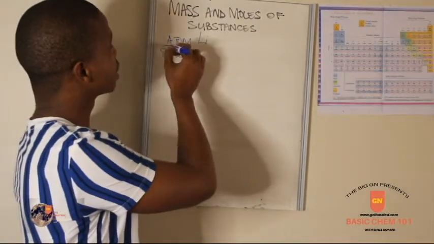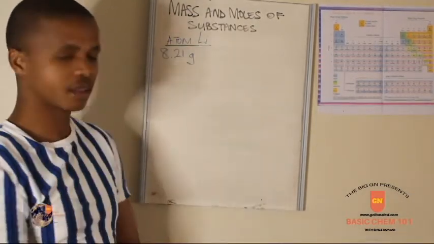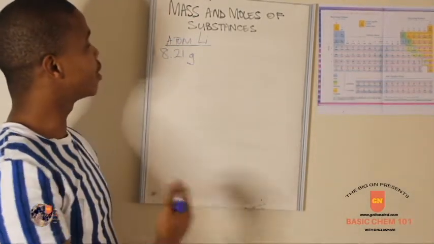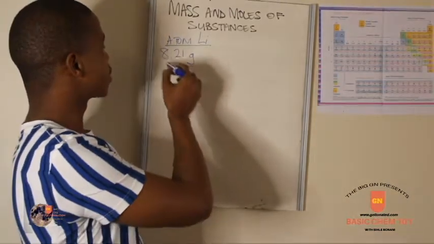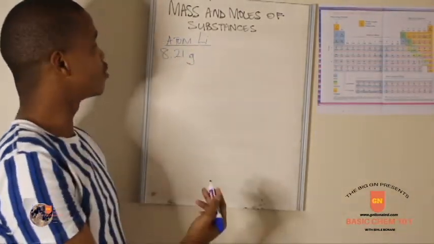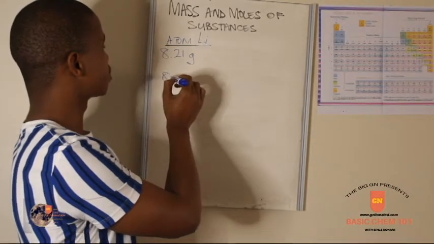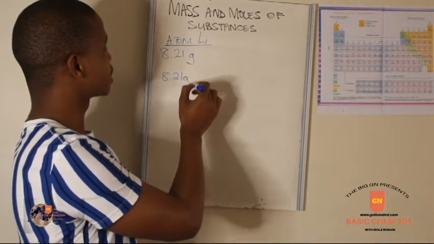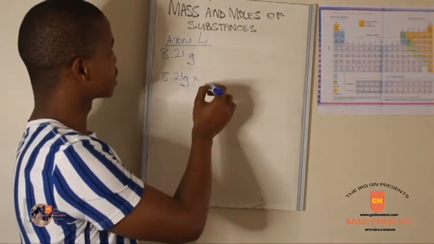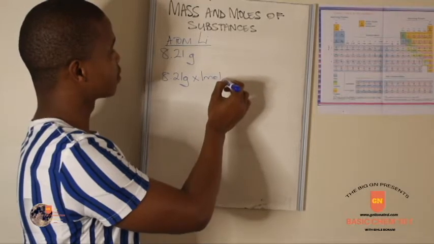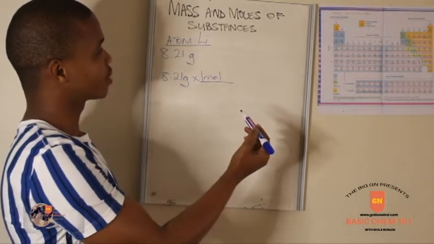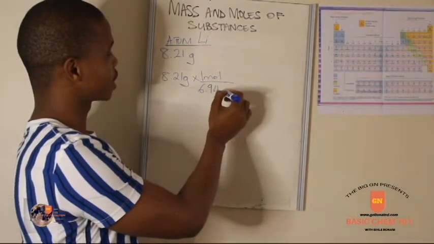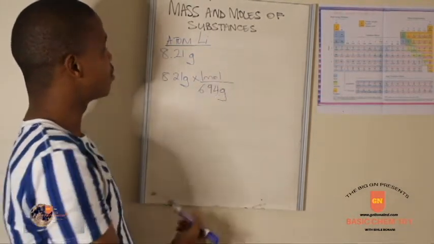How would you calculate the number of lithium atoms from here, knowing what we know? We can convert this to your number of moles first, which is 8.21 grams times 1 mole of lithium over how many grams of lithium? 6.94 grams of lithium. This is your molar mass.